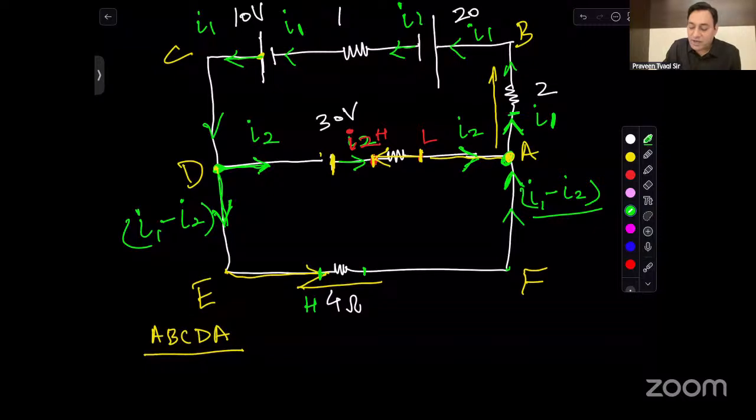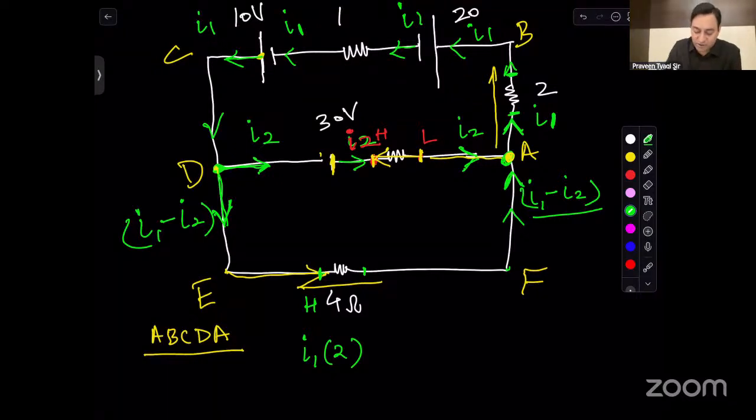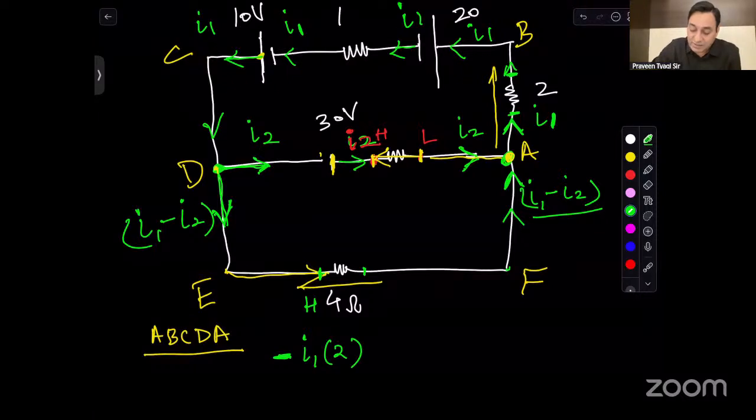Current flows from higher potential to lower potential. So for the 2 ohm resistance, IR is I1 into 2. But what sign should we put? Our path is from higher to lower potential, so minus IR. Then we reach the battery.